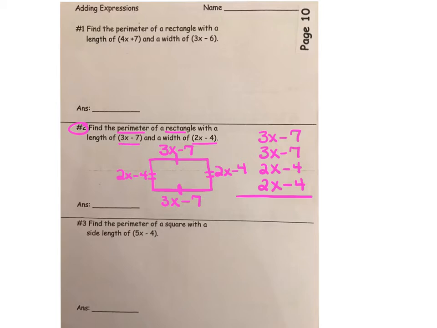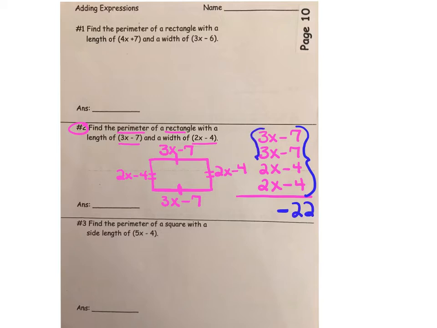Pause the video, take a moment, and see if you can do this one correctly on your own. Please pause the video. As you bring together all your constants, which are all losses, you should have gotten a loss of 22.